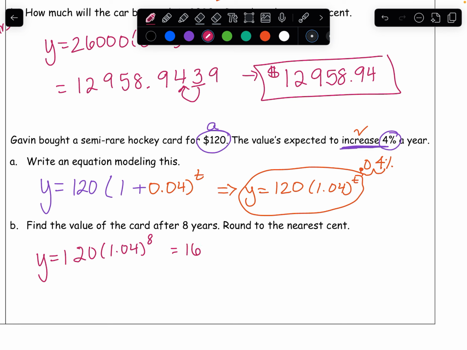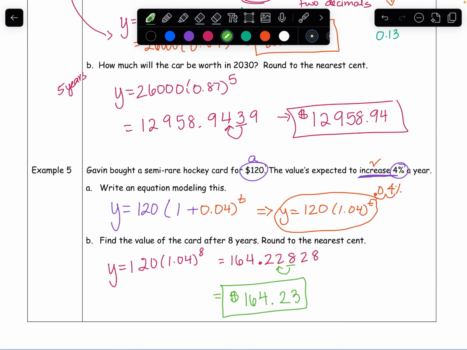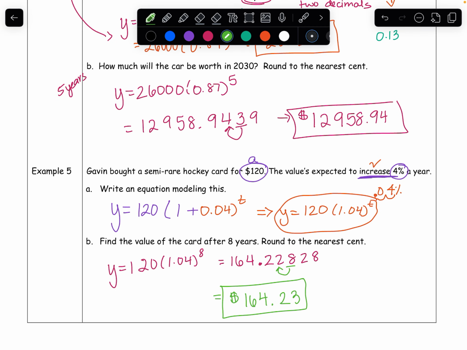We again get not a nice number, so 164.22828. And so I'm going to look at my third decimal place to see if I need to round up or keep the same. We are going to round up to $164.23 based on the 8 rounding up.